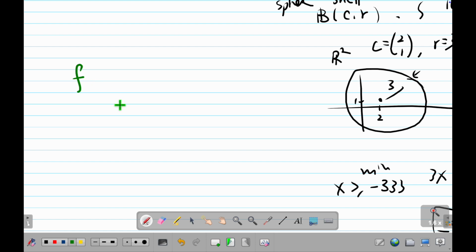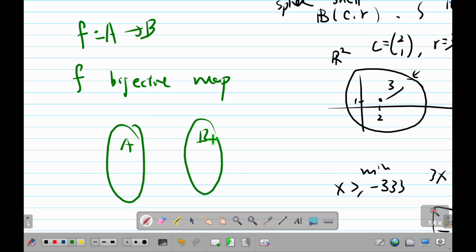What is a continuous function? Okay, there are two definitions. One is from calculus and one is from topology. I use the one from topology. Basically, you have a bijective map between two sets. So F is a map between sets A and B. So you have an A, you have a B. Injective means this, and surjective means everything in B is mapped, right?